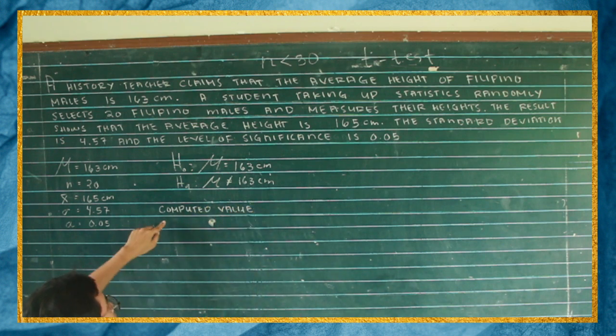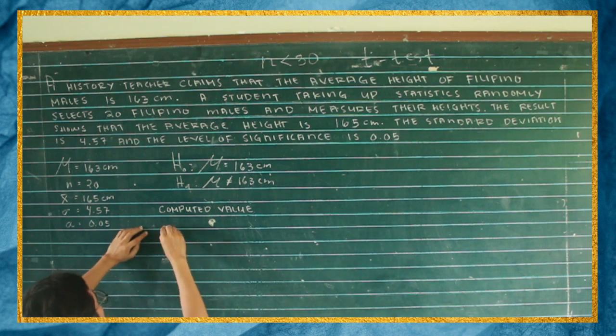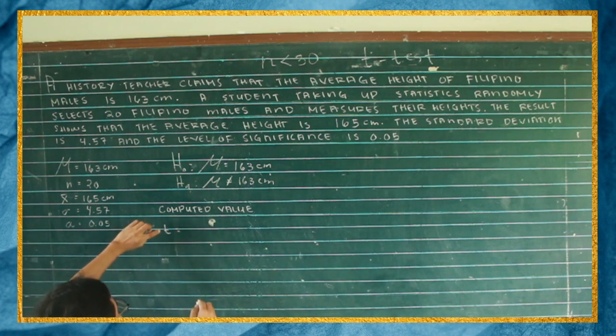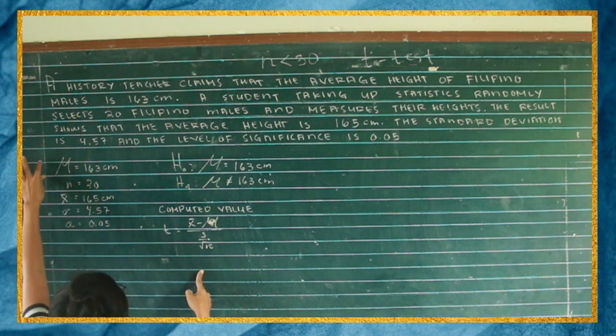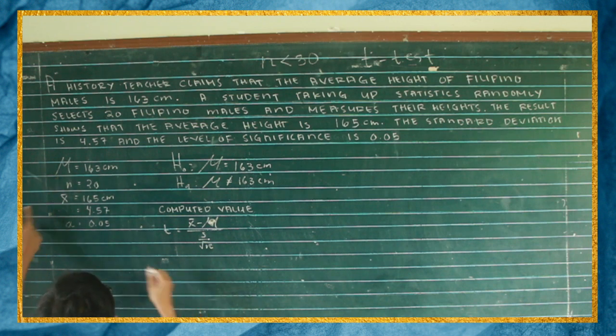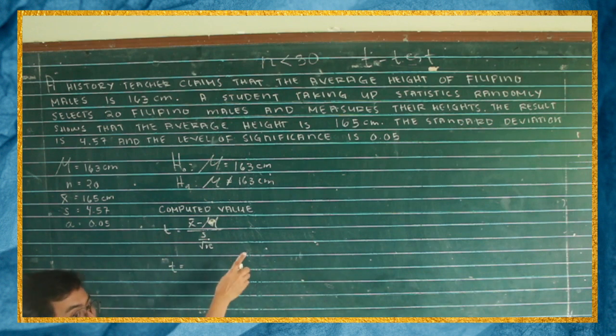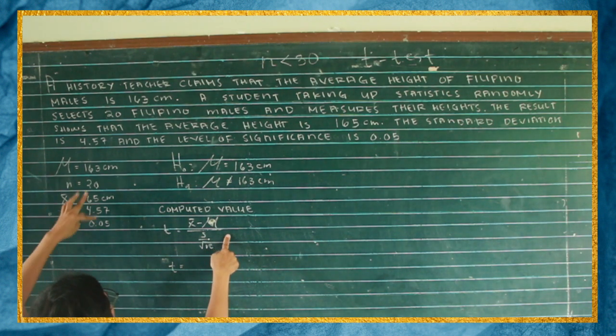Same lang rin ang formula, but instead of Z, we have to use T. That is sample mean minus population mean, all over sample standard deviation over square root of n. Since we have the value of the population mean, the sample mean, the standard deviation, and the number of samples, we just have to substitute the values.